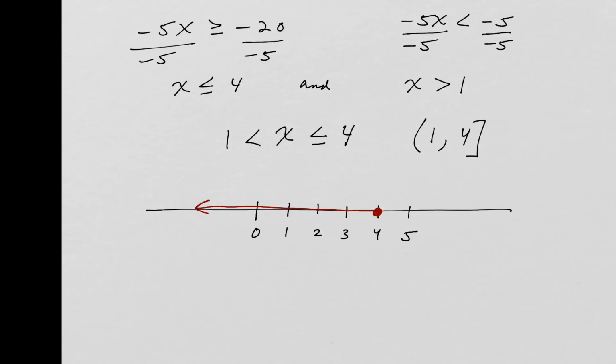And then if x is greater than 1, it's not going to include 1, and it's everything to the right. And if both of those are true at the same time, it's going to be exactly what's in between, right? So it'll not include the 1, include everything else, including the 4. And that's what we're finding.